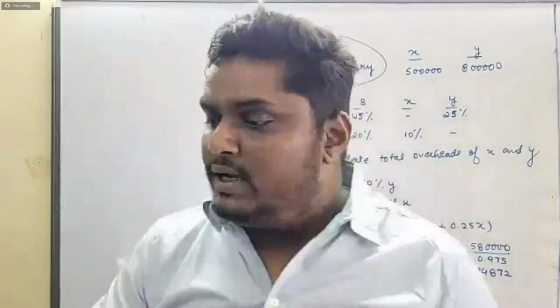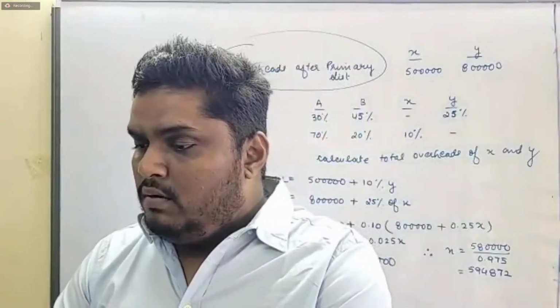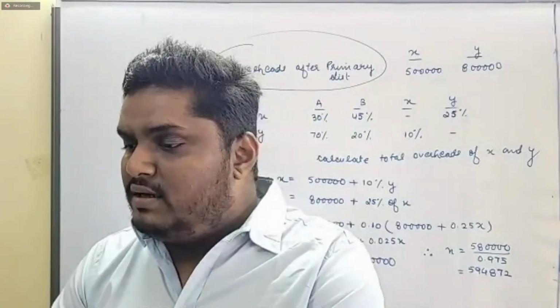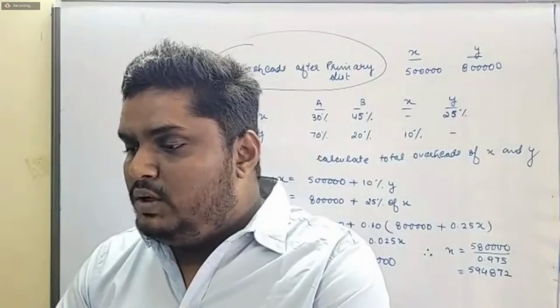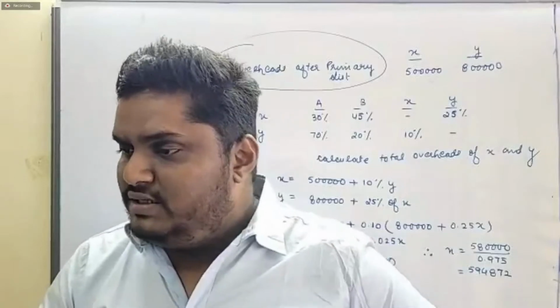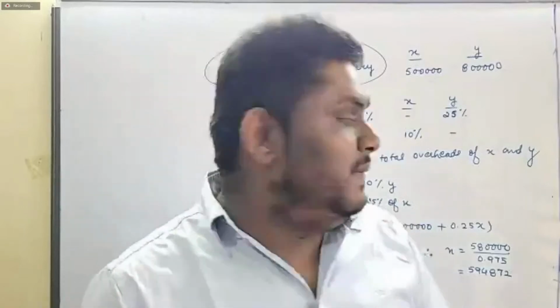Now let me check whose answers were correct. Okay, Mansi Sharma, correct answer. Sushil Kumar, correct answer. Kanchan, please check your answer. Yes, Mr. Aslam, you were the first one to answer it correctly. So I appreciate. Still few were not being able to solve.